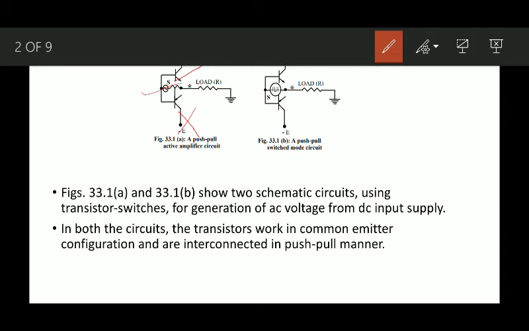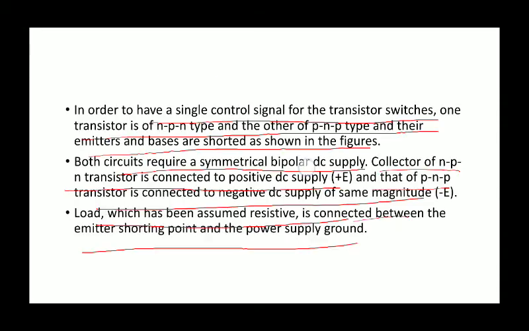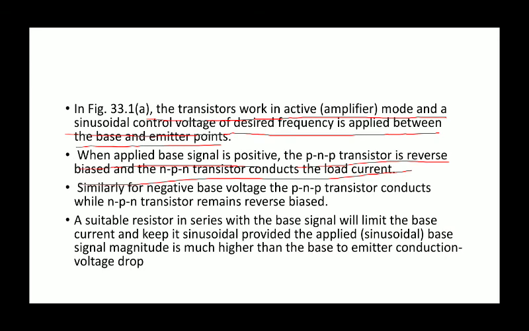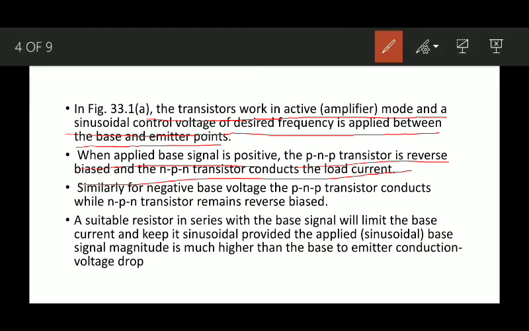Similarly, for negative base voltage, the PNP transistor conducts and the NPN transistor remains reverse biased. It means when a positive voltage is applied at the base, one transistor conducts and the other is off. When a negative voltage is applied at the base terminal, the one is off and the other conducts.